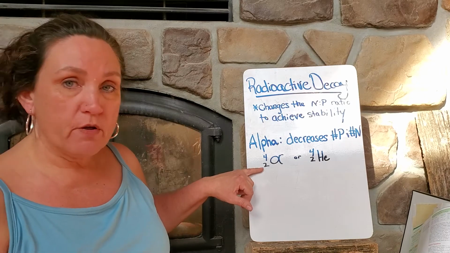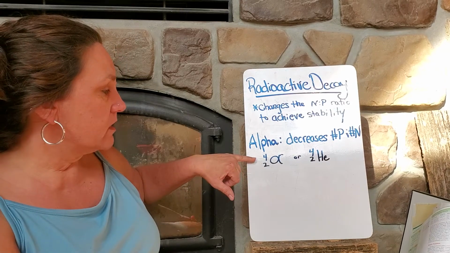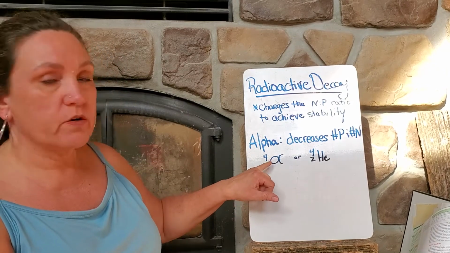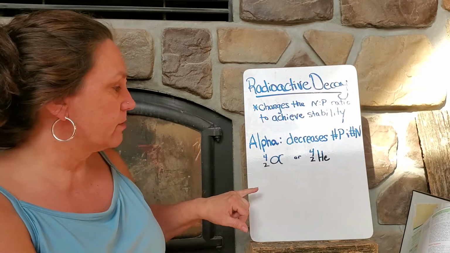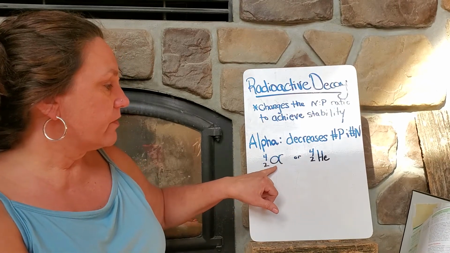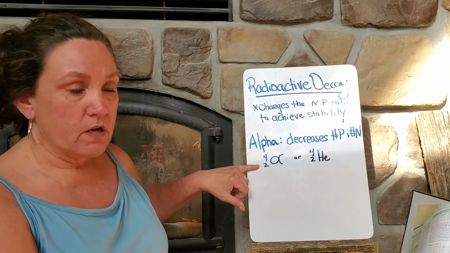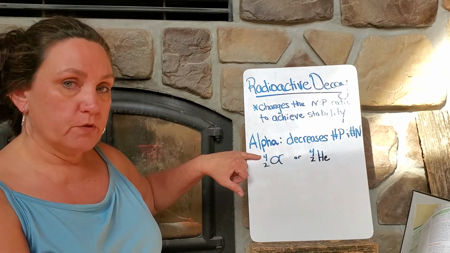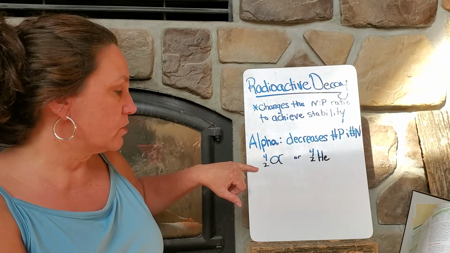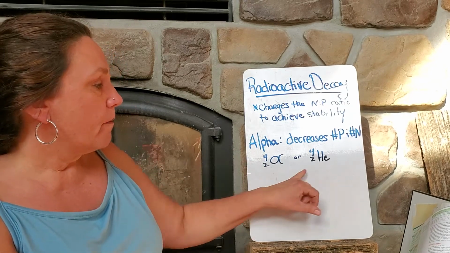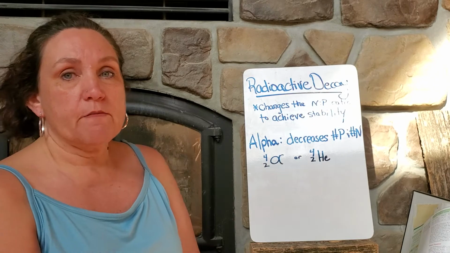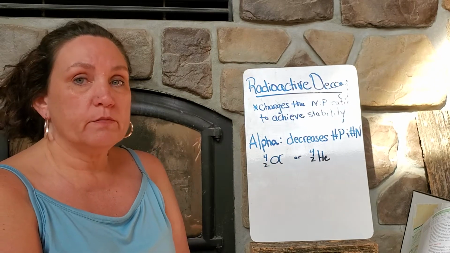The symbol for alpha looks almost like a Jesus fish a little bit. It's the symbol with the 4 and the 2, meaning a total mass of 4 and a total number of 2 protons. But that's also the same as a helium nucleus.